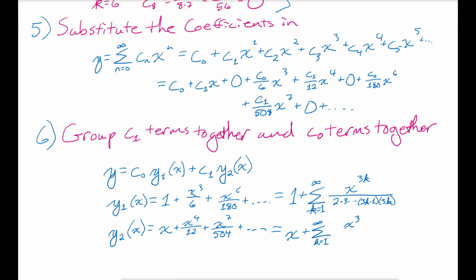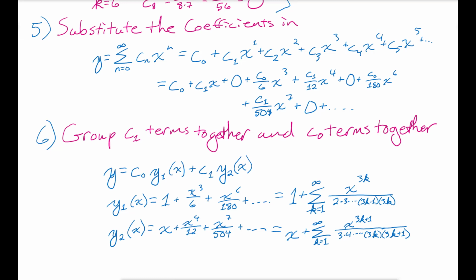So what's really happening is we're doing 3k plus 1 as our exponent. And then our denominator is actually 3 times 4 times everything up to 3k times 3k plus 1. And again, we can check that and make sure it works. For our first term, we're good. For our second term, our exponent ends up being 7, which is right. And we end up going up to 6 times 7, so 3 times 4 times 5 times 6 times 7, which is 504, so we're good.